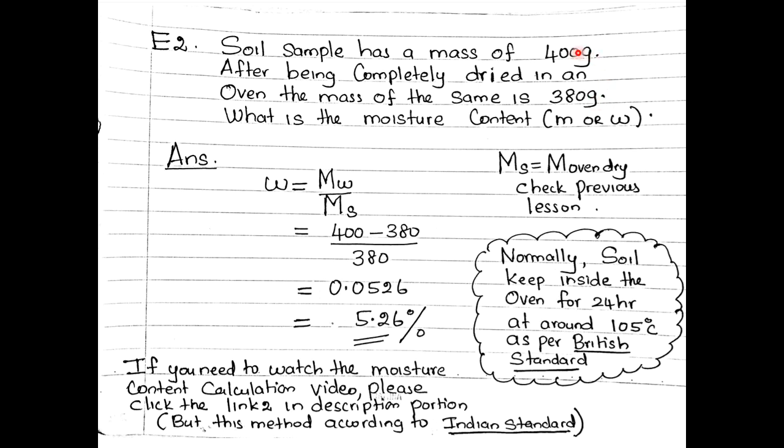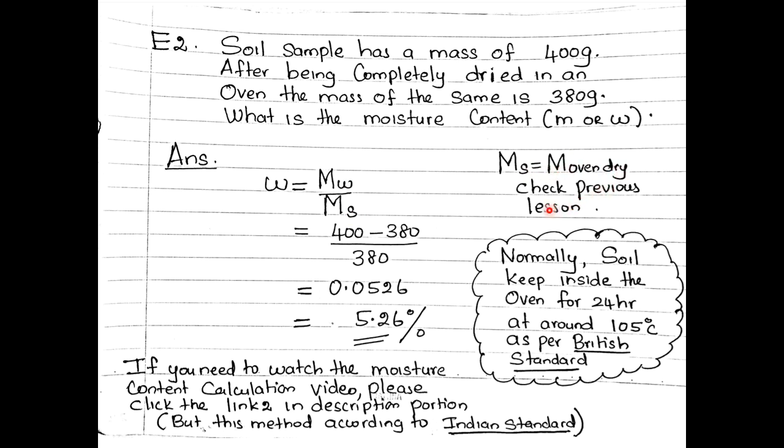Initial weight of the soil 400 gram. After oven dry, 380 gram. What is the moisture content or water content, M or W? The answer is W is equal to MW over MS. MW over MS, this is a definition. MS is equal to M oven dry also.